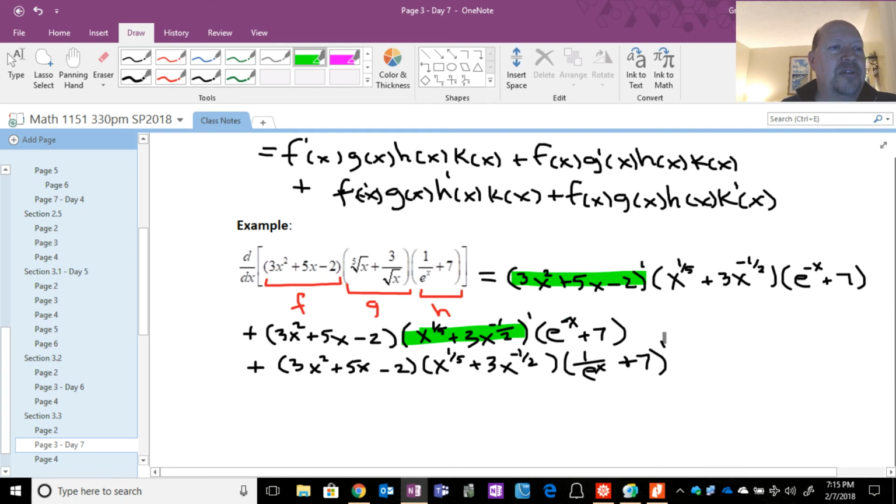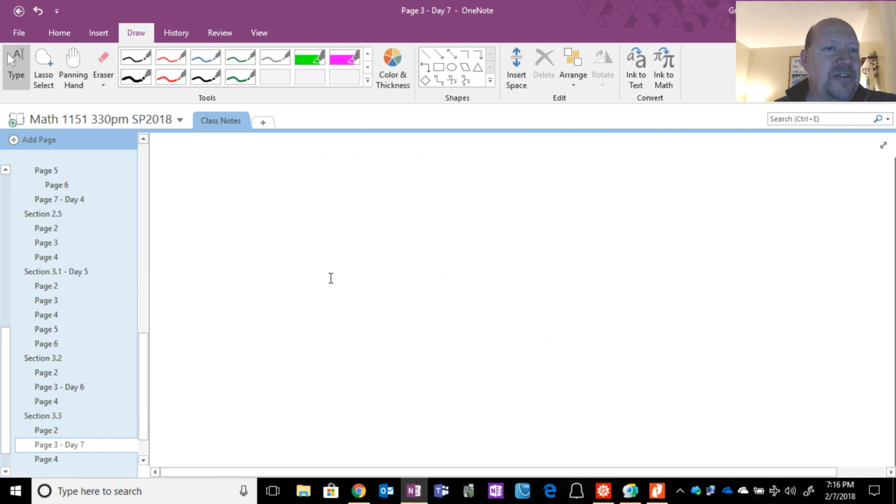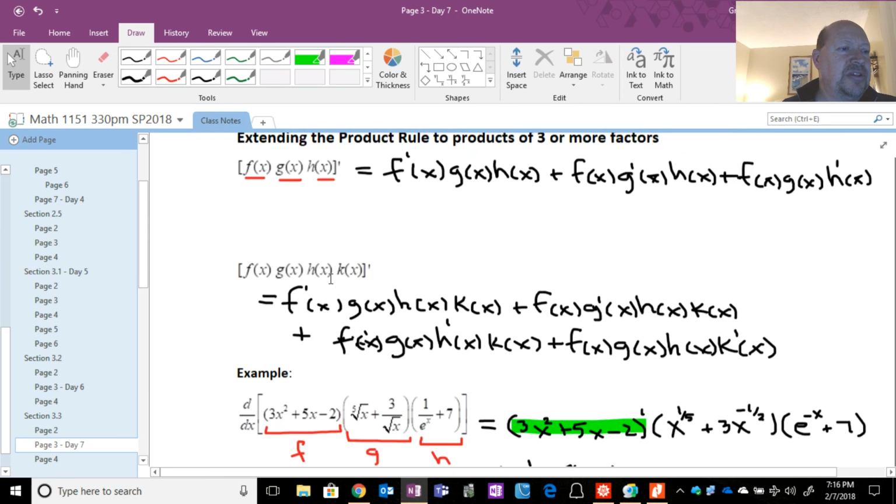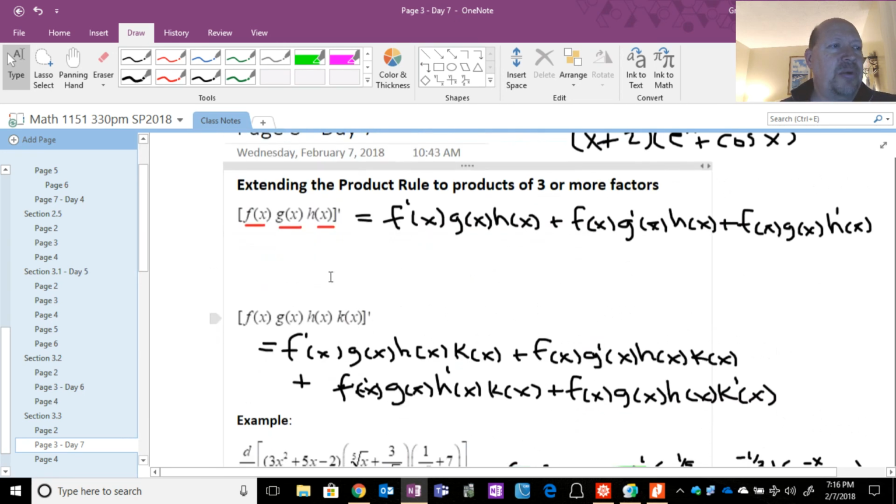So it goes on down the line. It's an involved process here, because the functions are kind of challenging. But I just wanted to get the concept down. And that's all that we're doing on this first page here, just simply looking at how to extend the product rule to three or more factors.